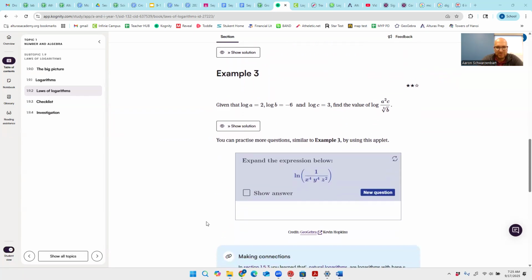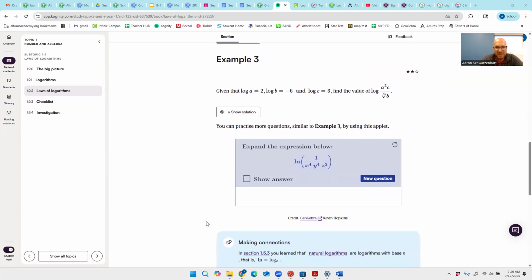Okay, example 3. Given that log a is 2, since these logs do not have a written base, they are base 10. Log b is -6, log c is 3. Find the value of log of the cube root of a squared c over b.